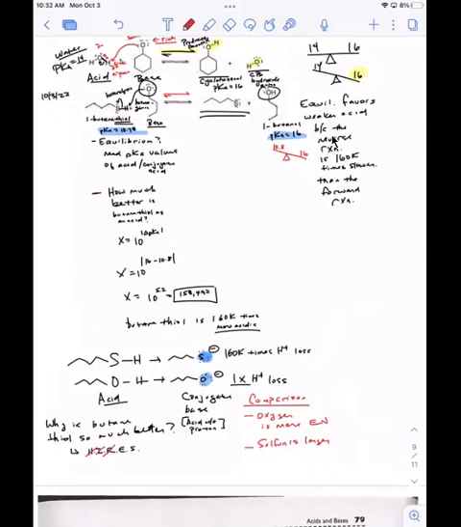All the information we've talked about points to this as well, but if you want to make a prediction about which acid is better and which one has a more stable conjugate base, you can do that by just using the pKa's also.